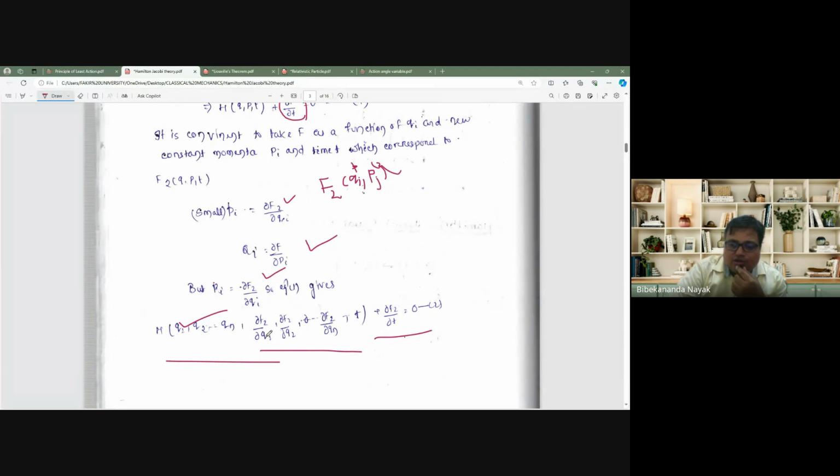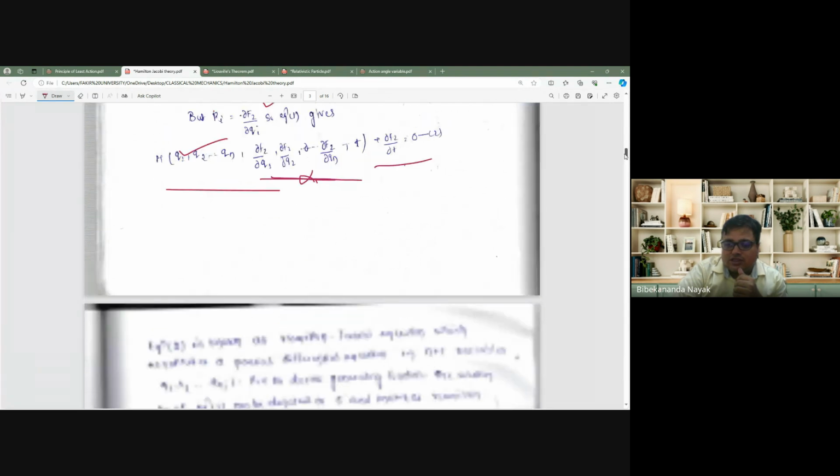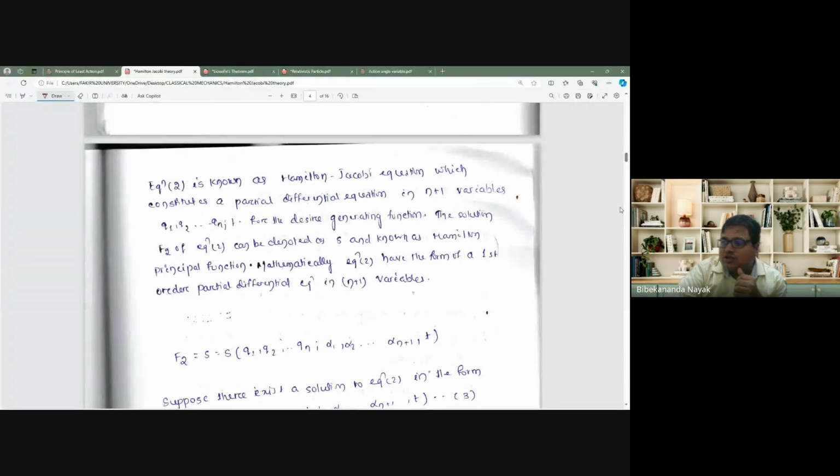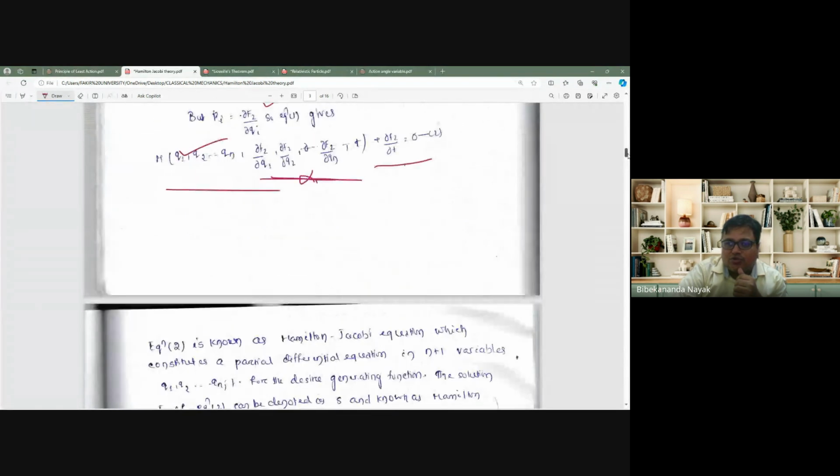So if these are constants, I transform in such a way that the new Pi are constants. If these are constants alpha1, alpha2, ..., alphan, then there will be only n plus 1 variables. If we take this set as constants, this equation is actually known as the Hamilton-Jacobi equation.